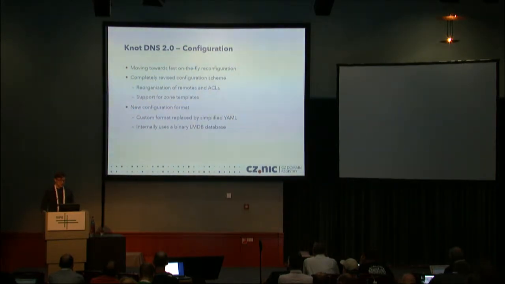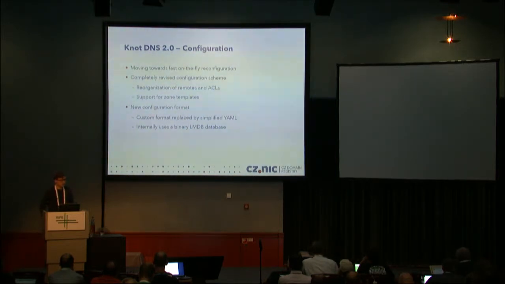So we decided to switch to binary configuration, because binary configuration means that we can change the config on the fly, and we don't have to parse the configuration file. So with Knot DNS 2.0, we use internally a binary database and a new text format which can be used on an import and export basis.